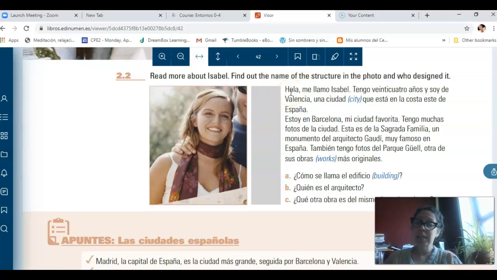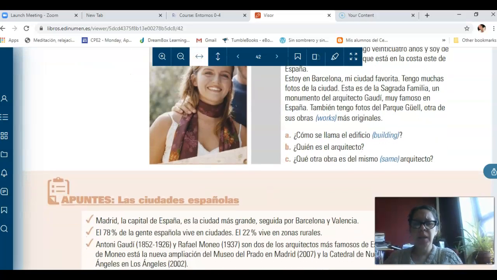And that is taking place especially when you are reading and everything is in context. Okay? So you can start inferring, inferir, ¿verdad? A ver, read more about Isabel and find out the name of the structure in the photo and who designed it. Okay. ¿Cómo se llama el edificio? ¿Quién es el arquitecto? ¿Qué otra obra es del mismo arquitecto?